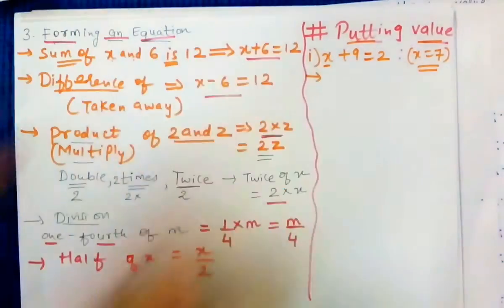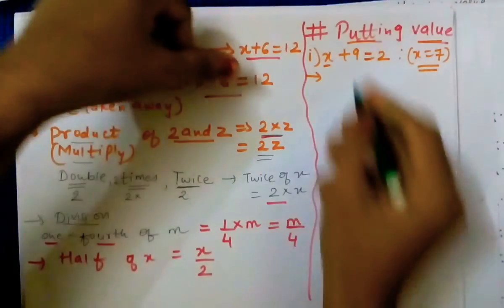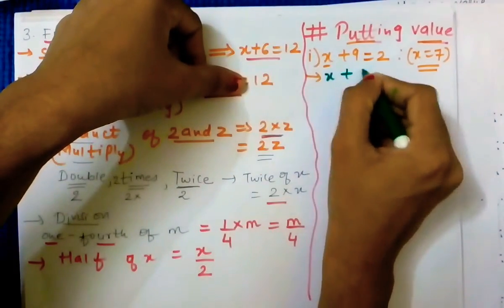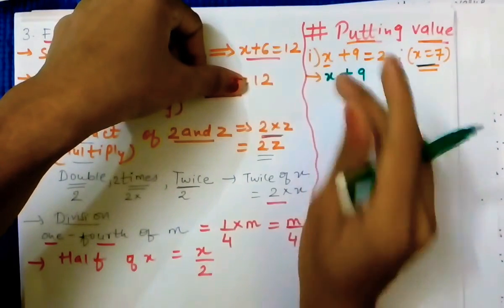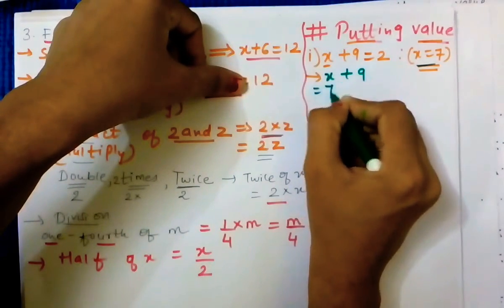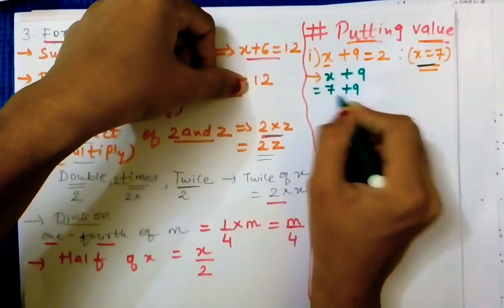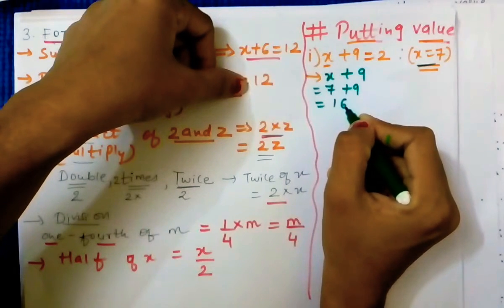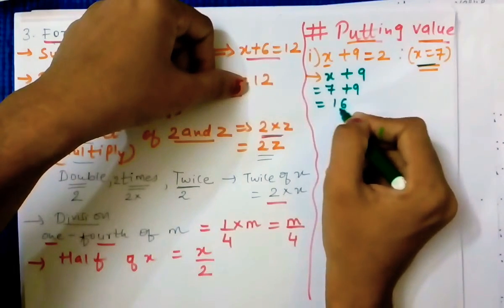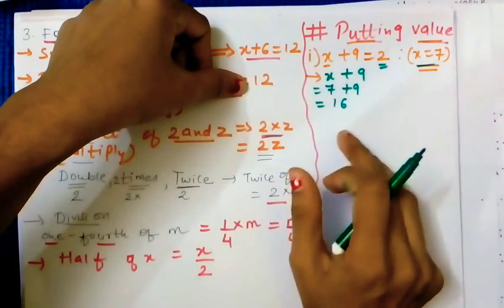Now let us do it. We will put the value in the LHS part. First we will write our LHS part, which is x plus 9. Now x is given as 7, so we will put 7 in place of x. So x plus 9 means 7 plus 9, which gives us 16. Now we got 16 and here what is given? We should get 2, but we have got 16.